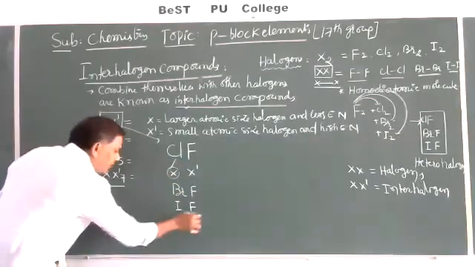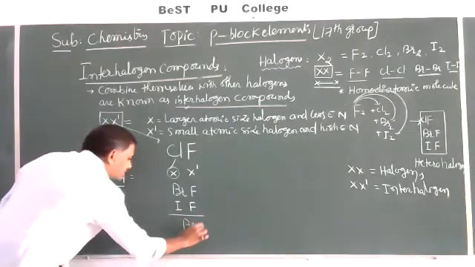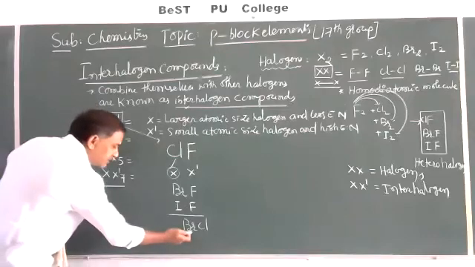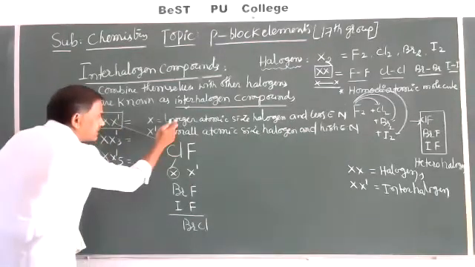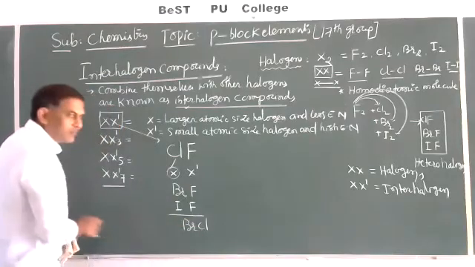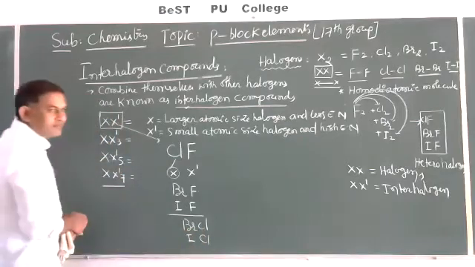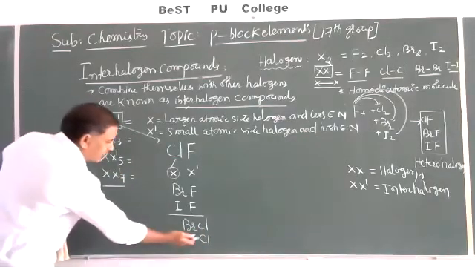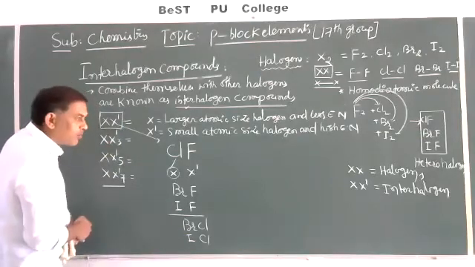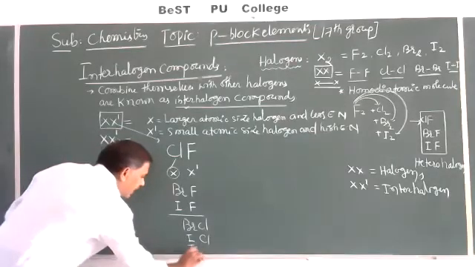We can take BrCl, where Br is larger in atomic size and less electronegative than chlorine. Here ICl also we can take, because compared to chlorine, iodine has a larger atomic size. And finally, one more combination, that is IBr.